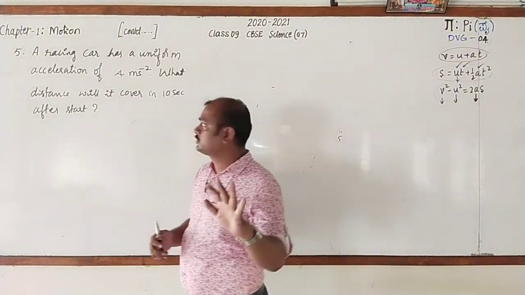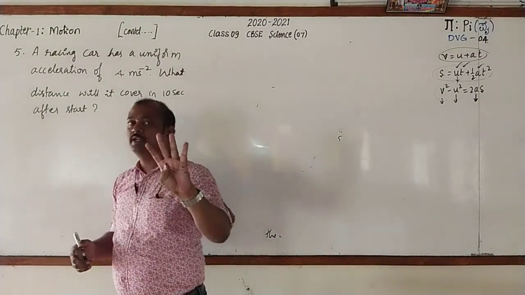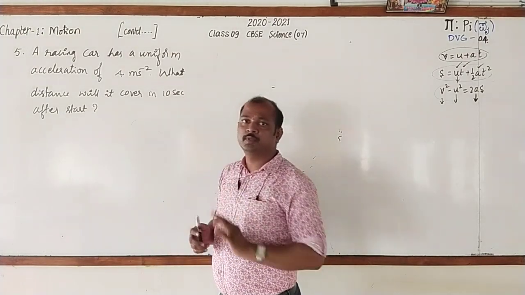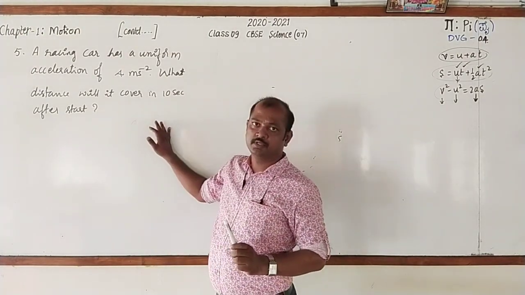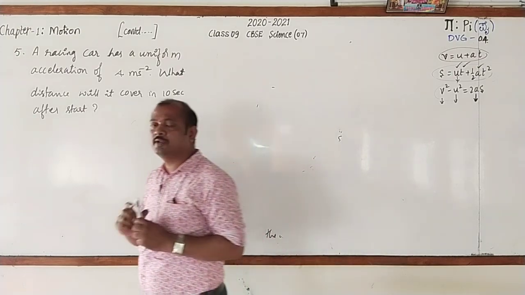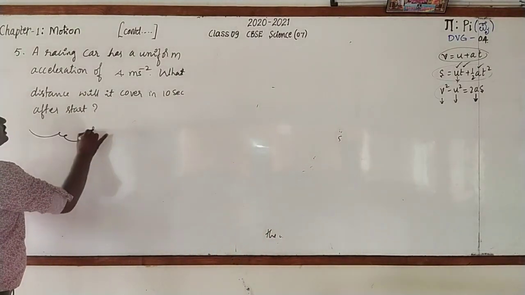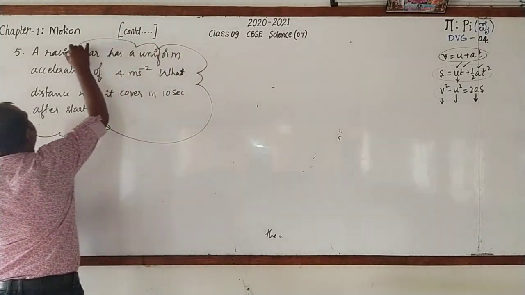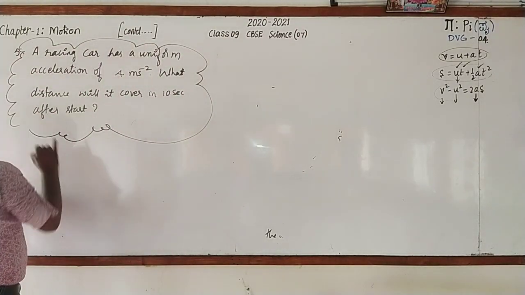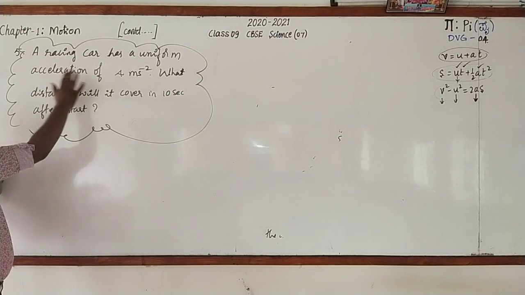Dear students, so far we have solved 4 statement problems. Now fifth one is there. I am not going to solve. It is just for a small assignment. It is a homework. Just go through the statement. So far, what we have learned, based on that only I have given.